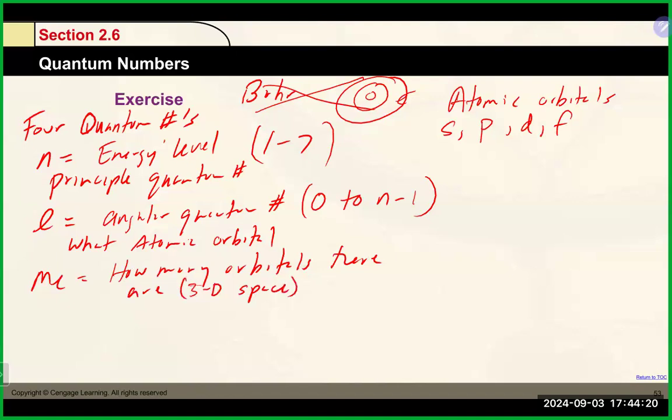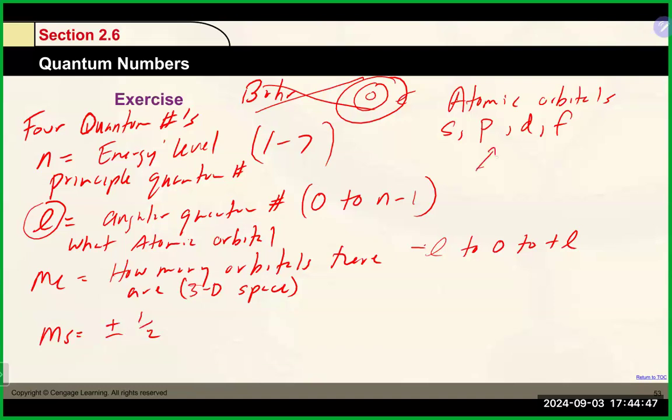For any L value that you have, you could have an m sub L value that runs from minus L to 0 to plus L, again whole numbers. And lastly, we have our spin quantum number, which can be plus or minus 1/2, depending on which way the electron spin is in the orbital.